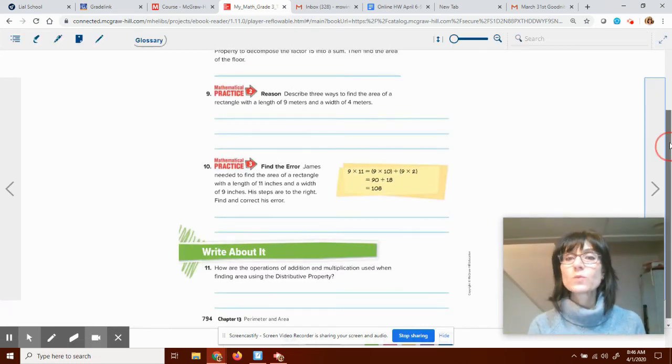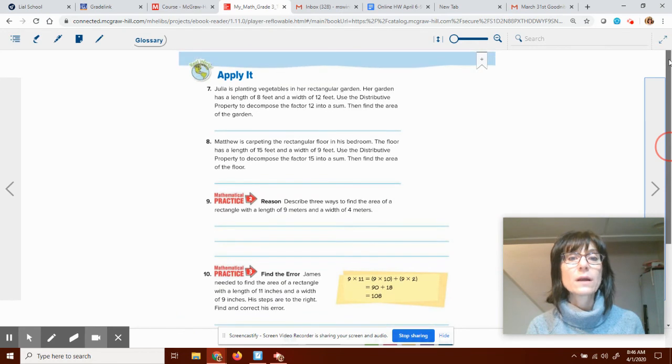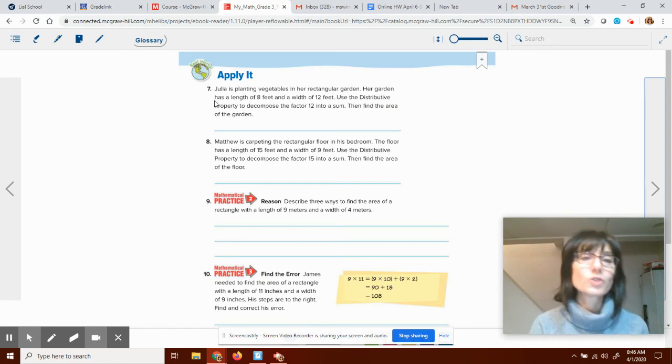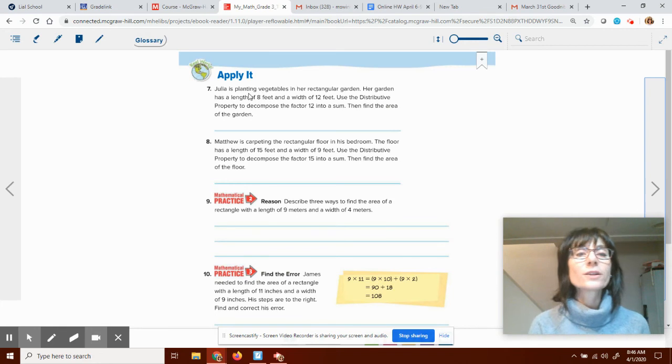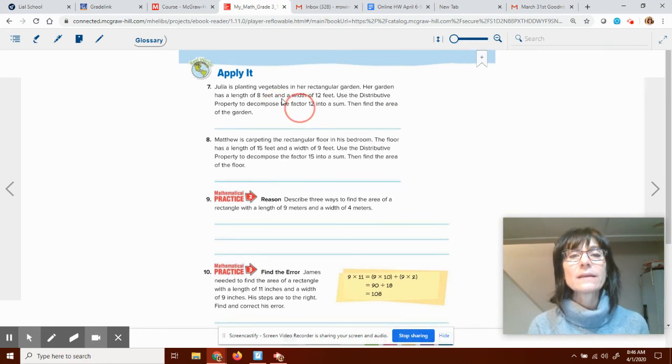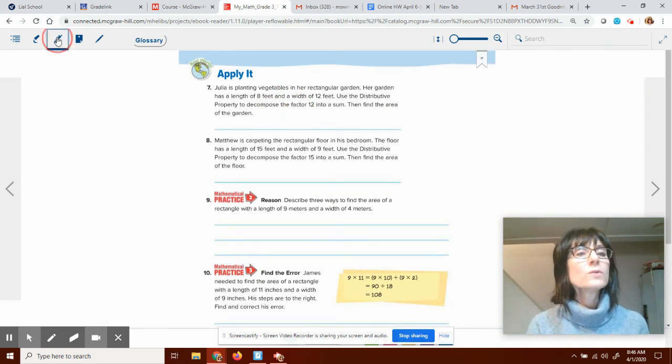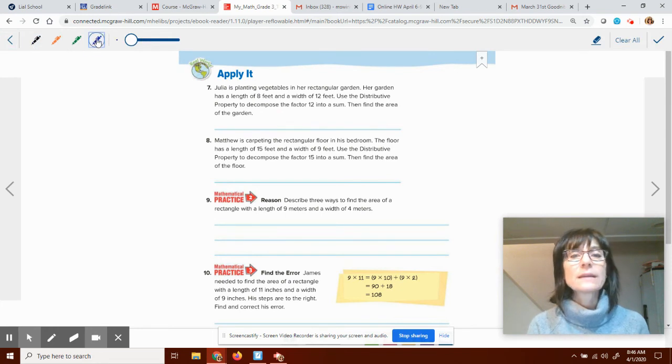On the next page, we have our problem solving and our apply it. Julia is planting vegetables in her rectangular garden. Her garden has a length of 8 and a width of 12. Use the distributive property to figure out her area.